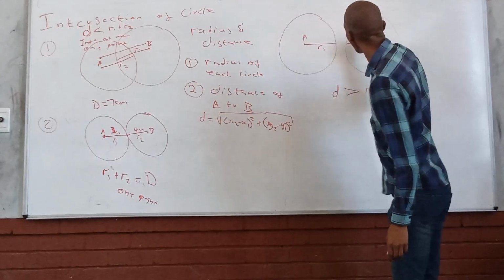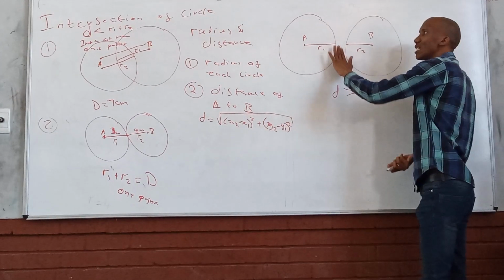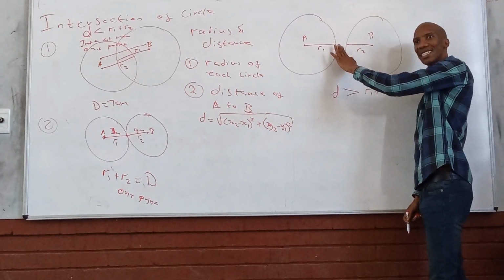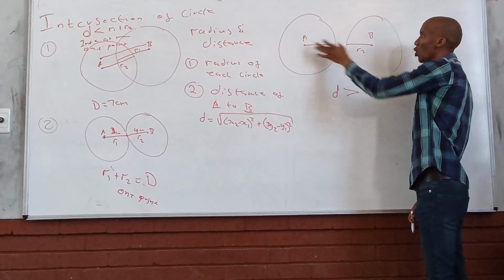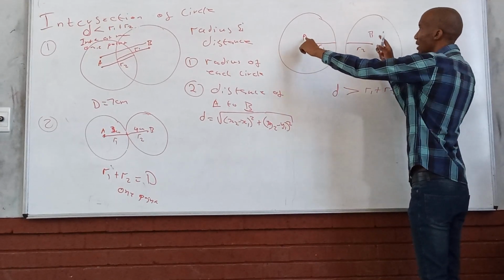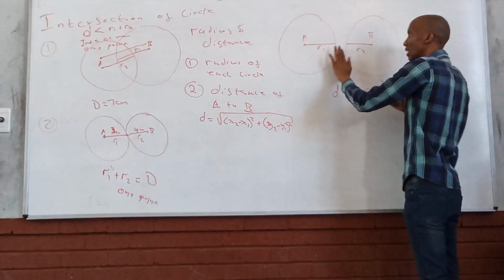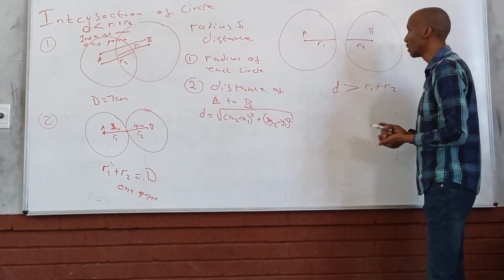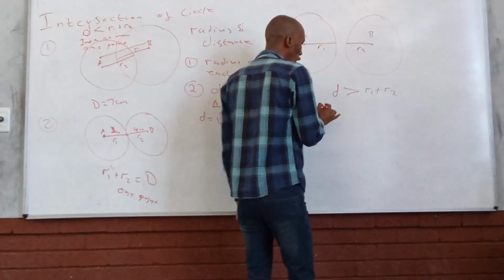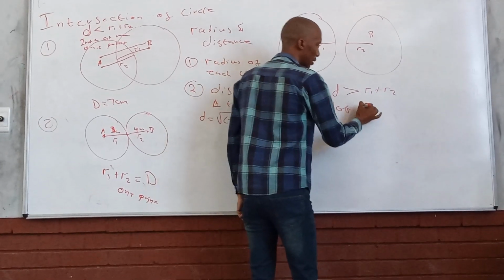The distance from A to B, part of it is missing. It means the path from A will not be the same as A to B, because this part is missing. It means this one does not intersect.